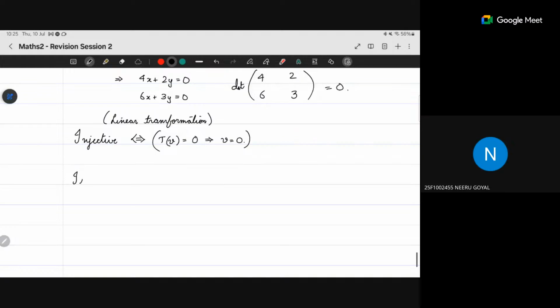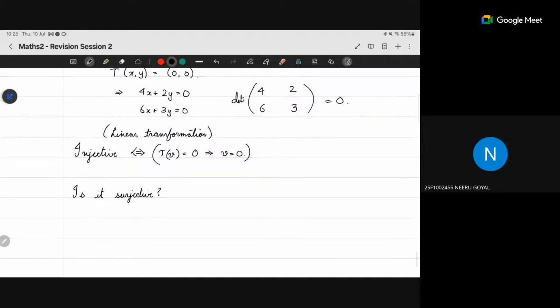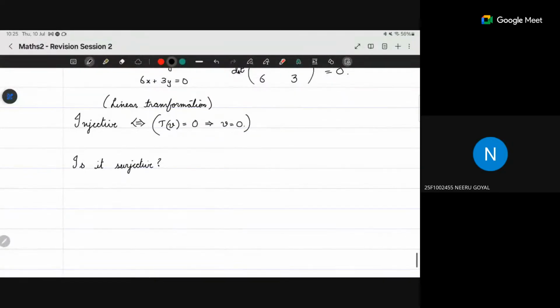Now, injectivity, we established that it is not injective. Is it surjective? To see if it is surjective, what is an alternative way of formulating that question? Does every x0, y0 in R2 codomain have a pre-image?